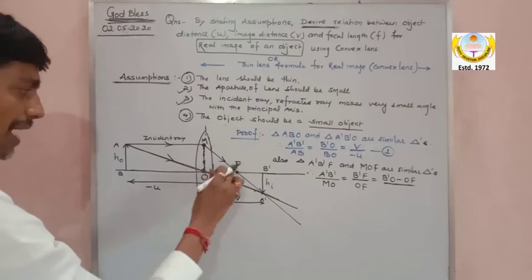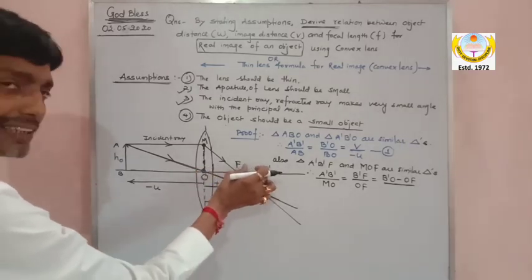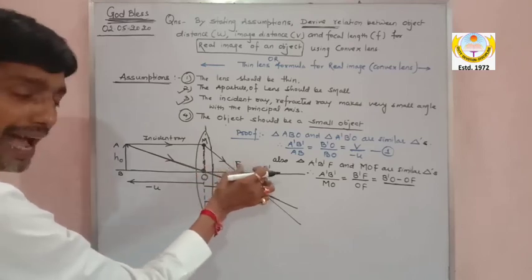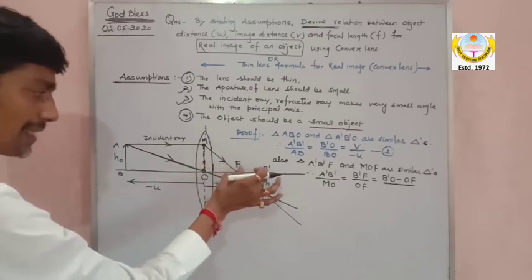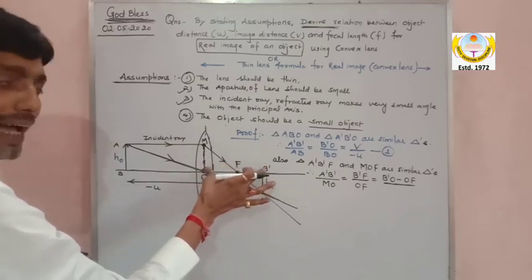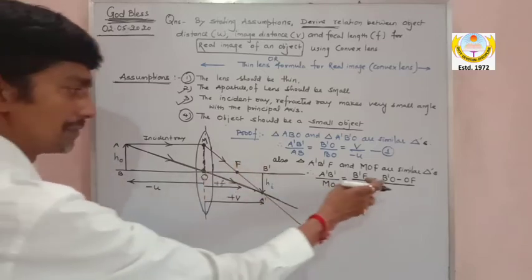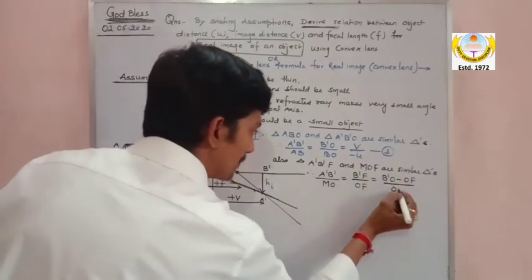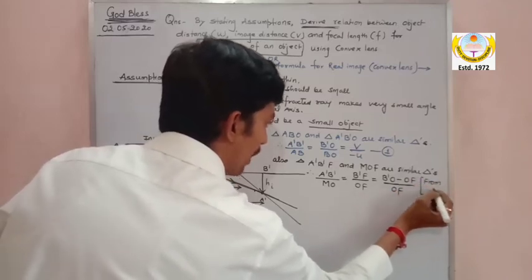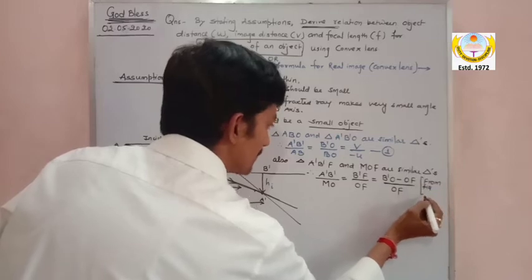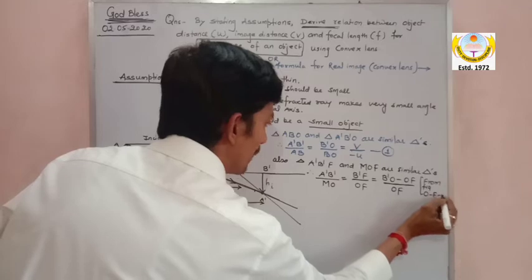In this line OFB dash, OF plus FB dash is equal to OB dash. So FB dash is equal to what? OB dash minus OF. Here I am writing from the figure, in OFB dash.